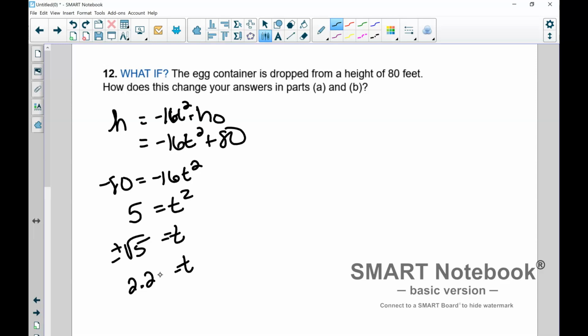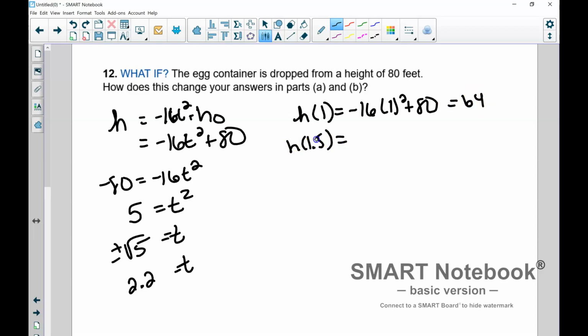So how does that change part B? So now if I want to find where it was after 1 second, that's going to give me 64 feet.